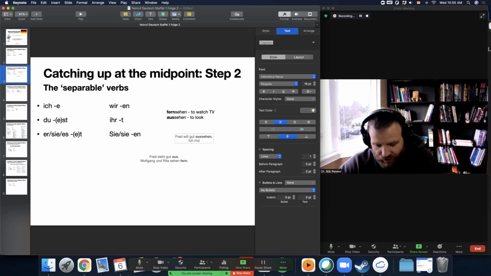Fernsehen. Ich möchte heute Abend nur Fernsehen. So I want tonight only to watch TV. Now you see this fern is in the beginning because we're just keeping the verb like that.